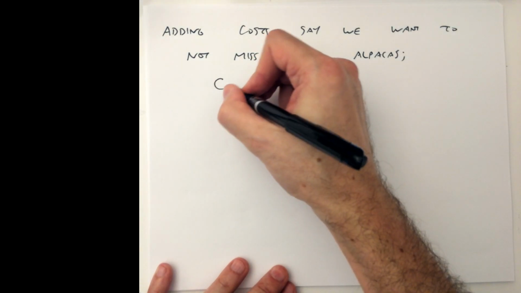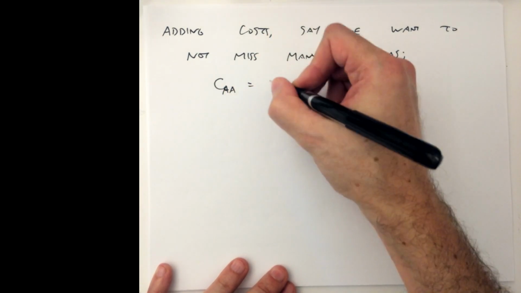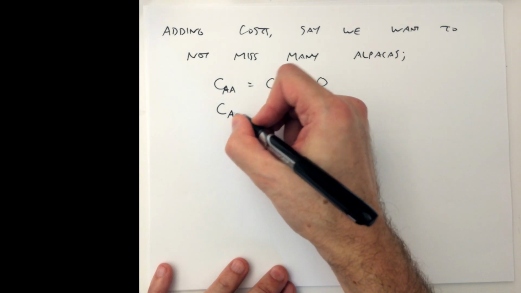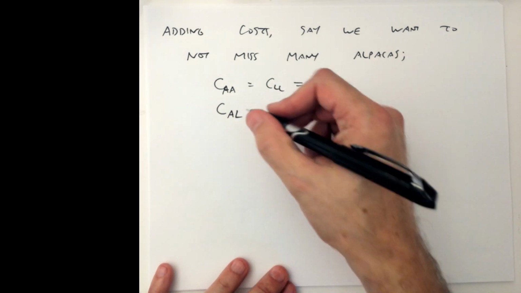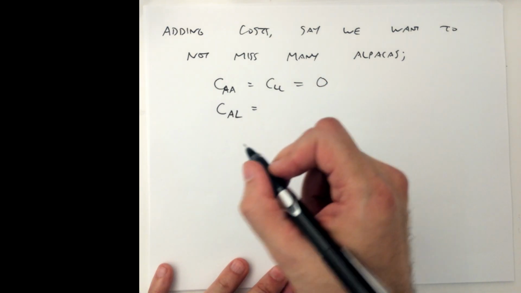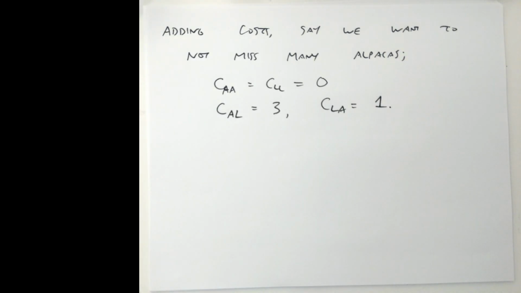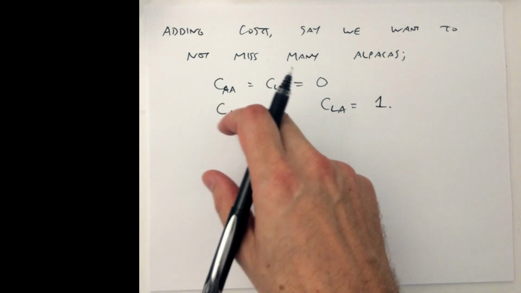What I could do is I could say, okay, I'm going to let the cost of making the correct decisions be 0. I could say that the cost of choosing alpaca when llama is true. All right, let's see. Make sure I got this right. So this is like saying the cost of, scroll back to my costs for a second here. Right. This is like saying choose llama when alpaca is true, right?